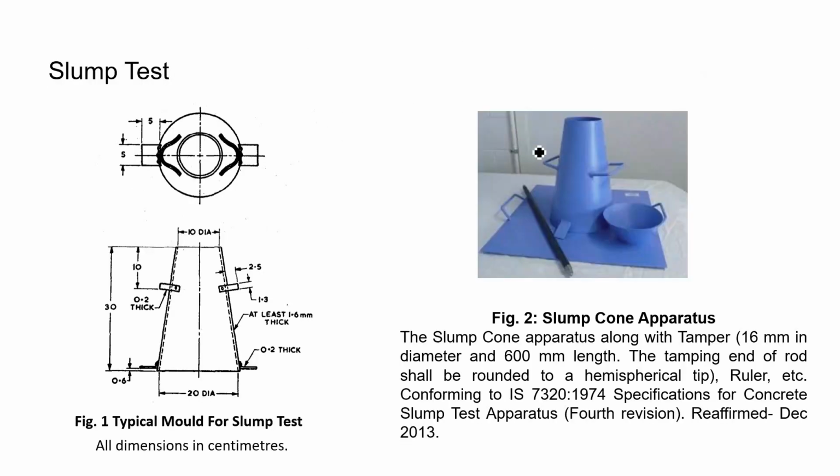So, for slump test, these are the instruments: one cone frustum that is called slump cone of dimension 10 centimeter diameter at top, 20 centimeter at bottom and 30 centimeter in height, with a tamping rod for compacting the concrete.